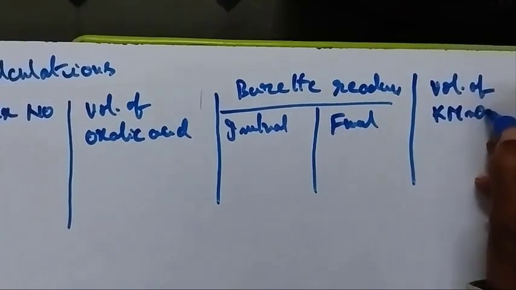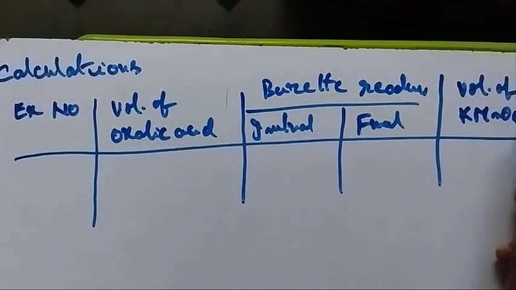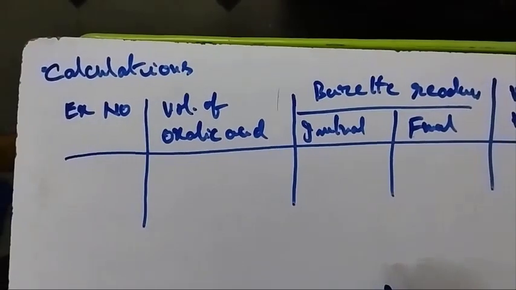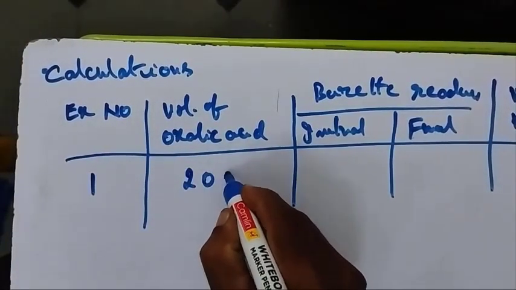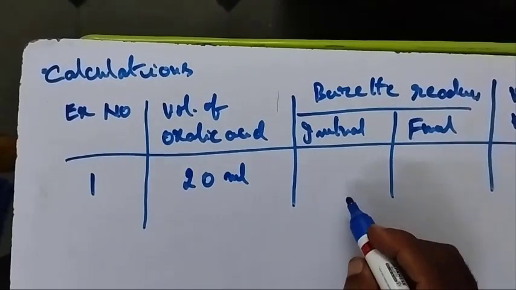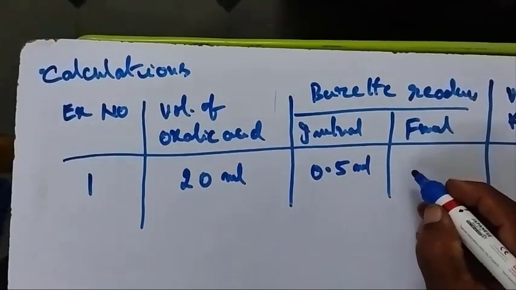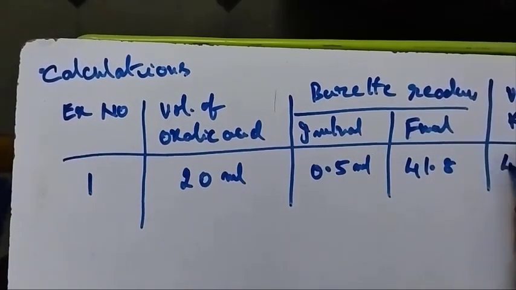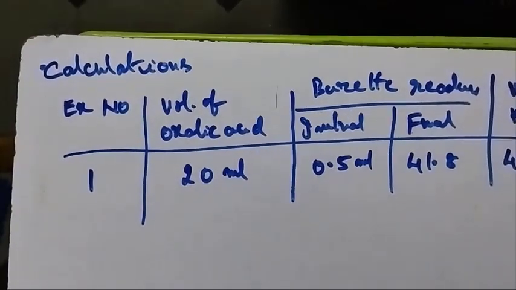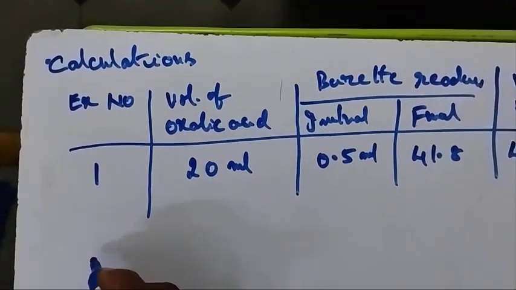Whatever the first experiment I did, I shall write here as experiment number 1. Oxalic acid I took 20 ml, burette initial reading 0.5 ml and final reading 41.8. So what is this value? Volume of permanganate is 41.3 ml.